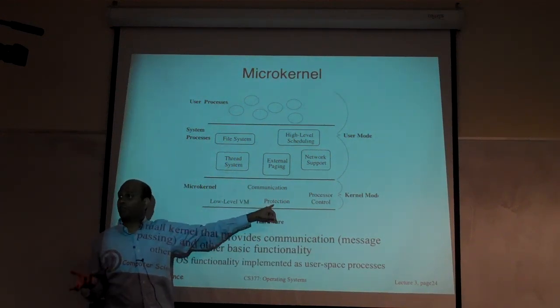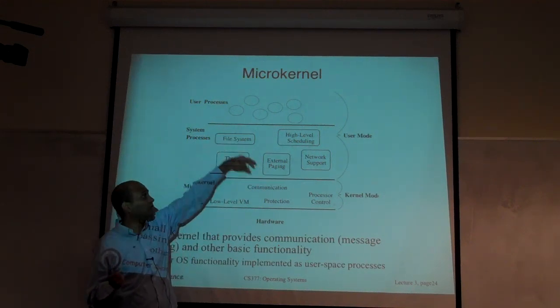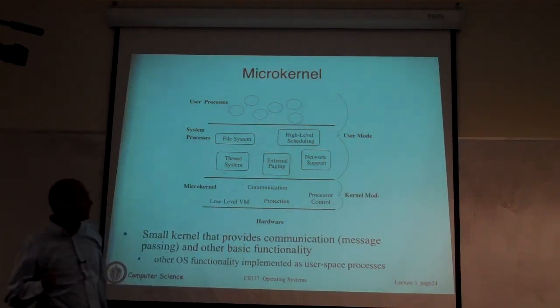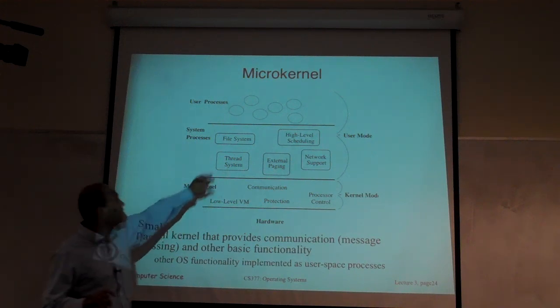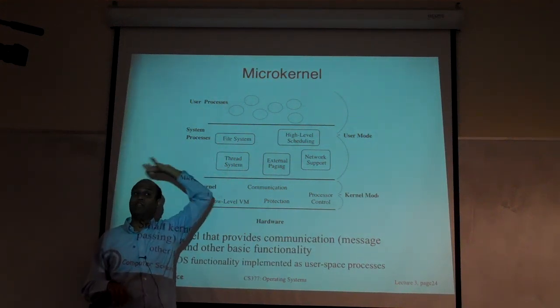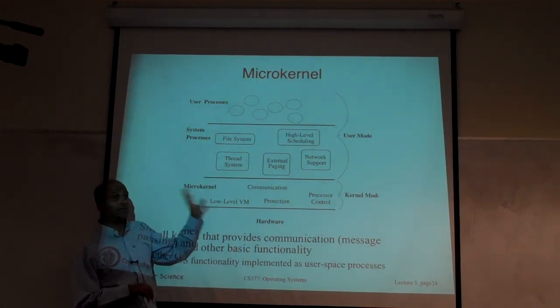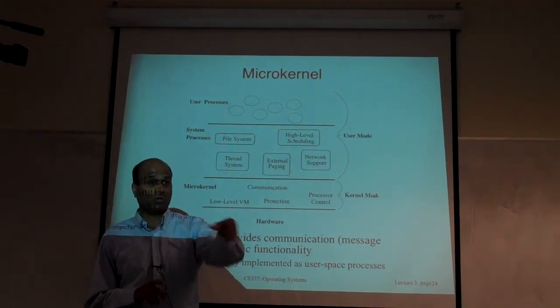You also have to do protection, so that this process cannot trample over that process, or user processes don't trample over kernel processes and so on. And some basic processor control. Nothing else is inside the kernel. You've taken your file systems and made them their own processes. They're actually running as applications, user level processes. You've taken threading support, and that's its own process, and the network stack is its own process and so on.